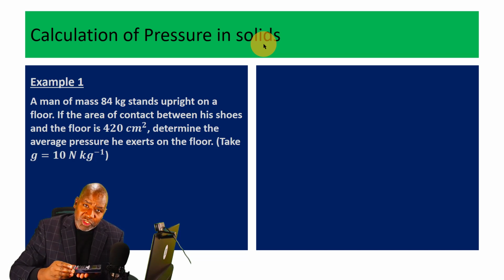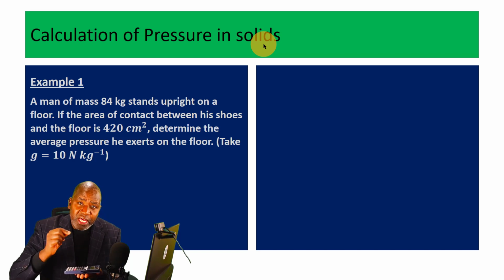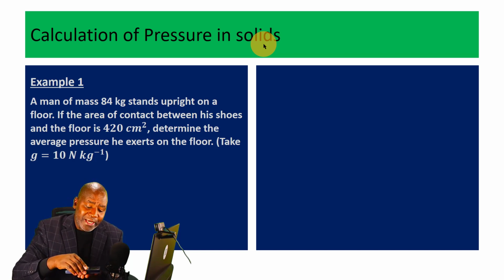The amount of force that the calculator exerts on my hand is its own weight, which acts vertically downwards. The area that I would use is the area of contact between the calculator and my hand.